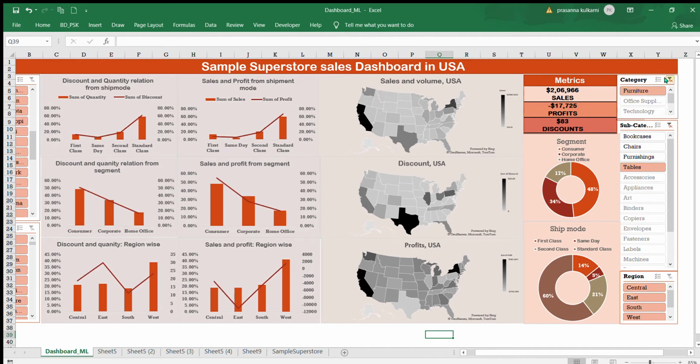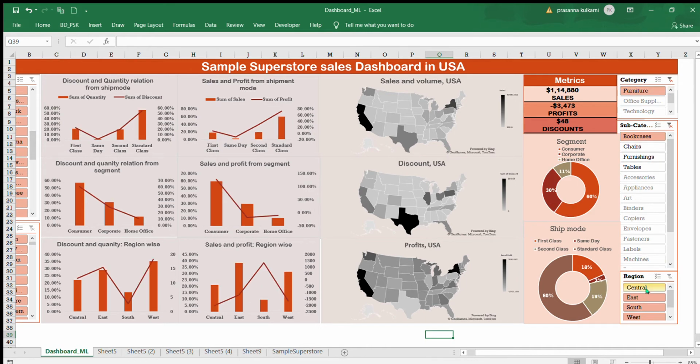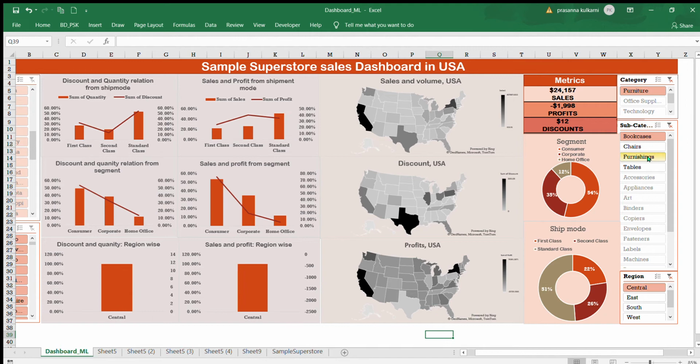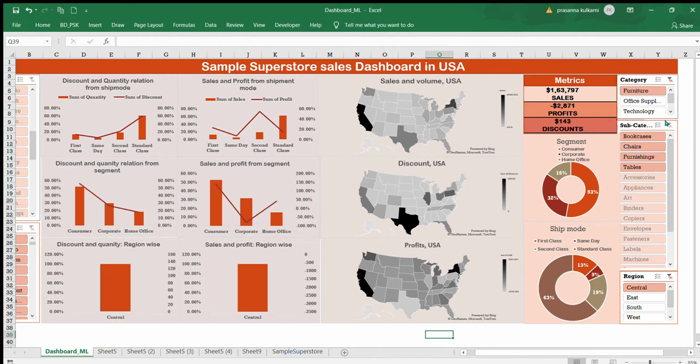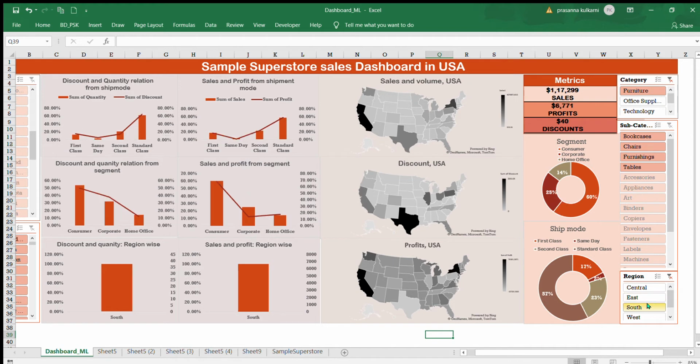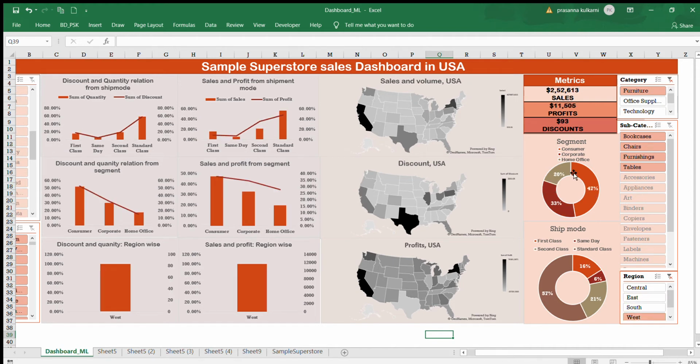Even we can analyze this region-wise. What are all the sales that have happened from the central region for bookcases, the east region, south region, or west region. These are the segments which they have supplied for, and this is the ship mode that has been taken.